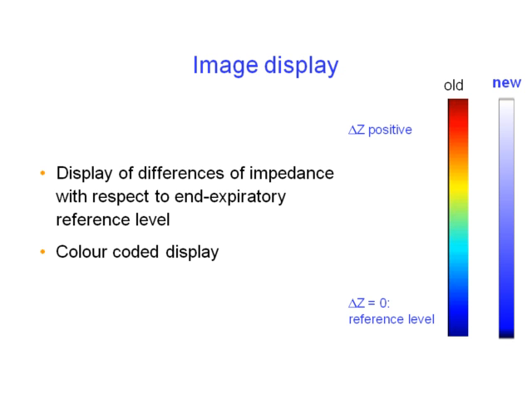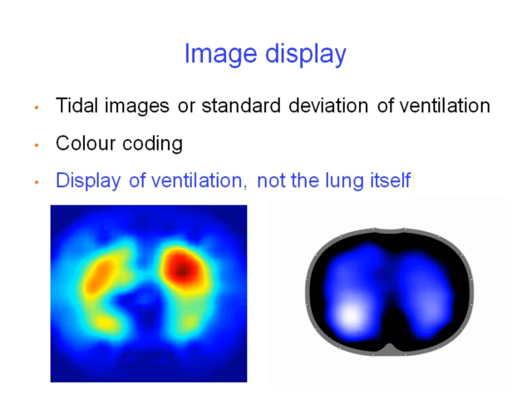So the old system was the typical rainbow colors. You will see that also in my presentation still. But the new one is to have a monochrome scaling from dark blue to white. And you see from the reference level an increase in impedance, and that is related to an increase in ventilation.